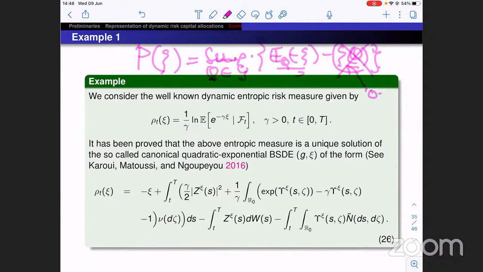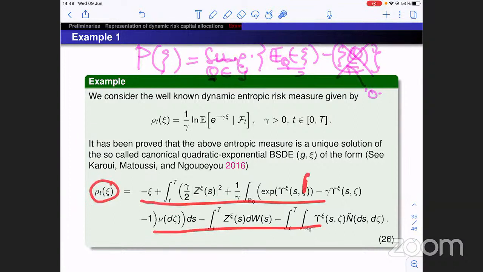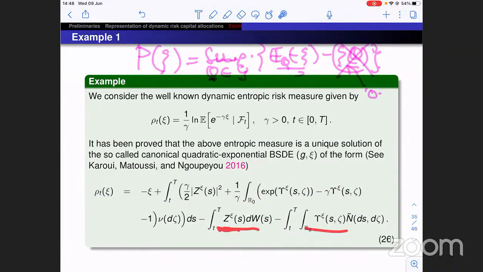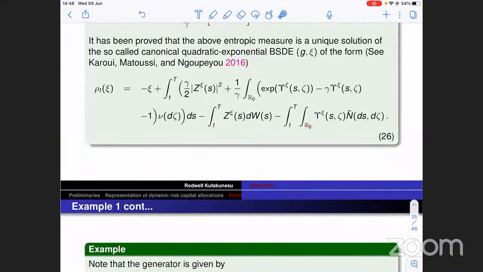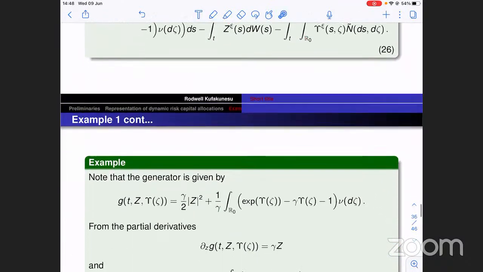But yeah, this is the example where we are going to apply our results, and then we put the right hand side as the BSDE, and this is our risk measure with all these jump diffusion terms put like this, also with the help of the work by Caro and others in 2016.